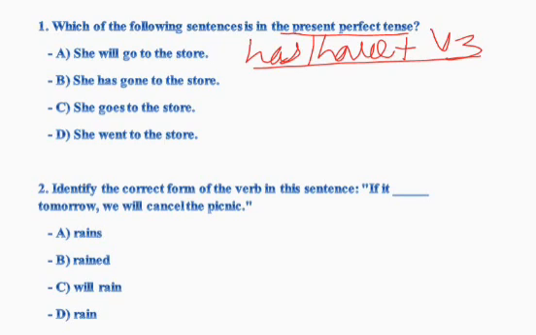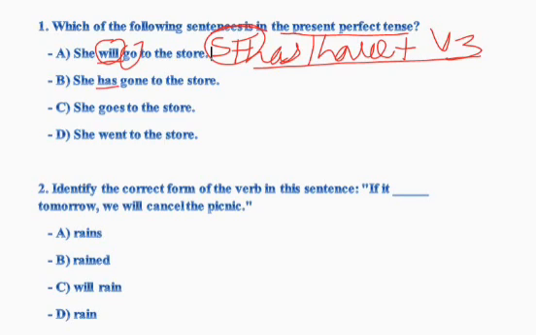Here it is: A, she will go to the store. Will and verb 1, so this is simple future tense. B, she has gone to the store.